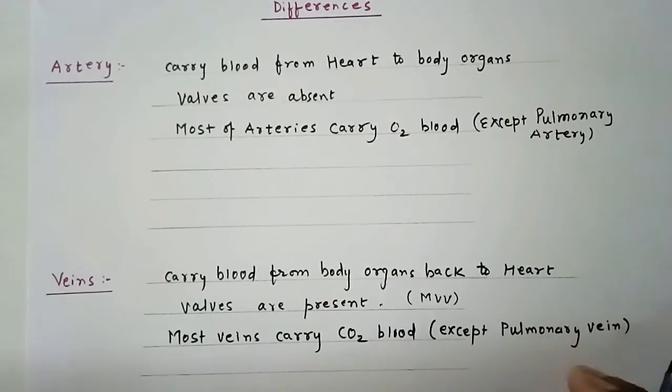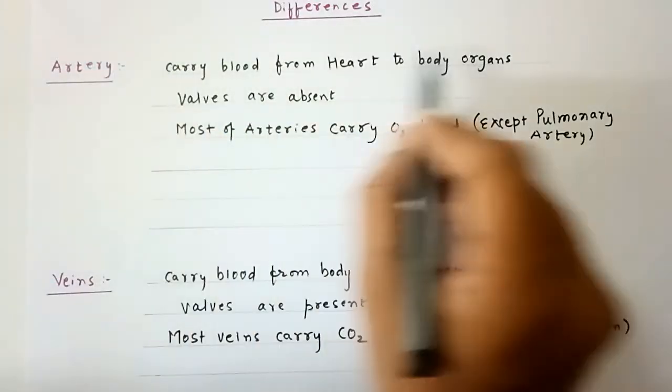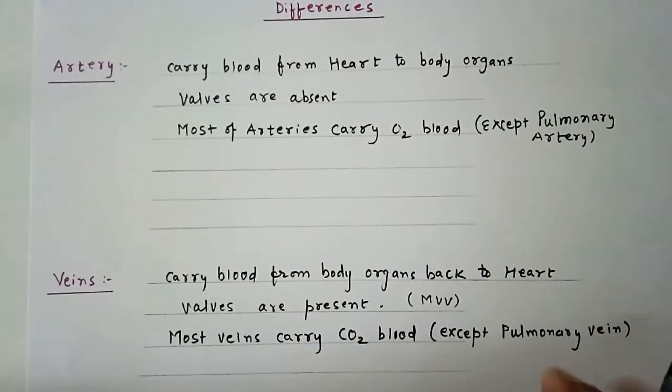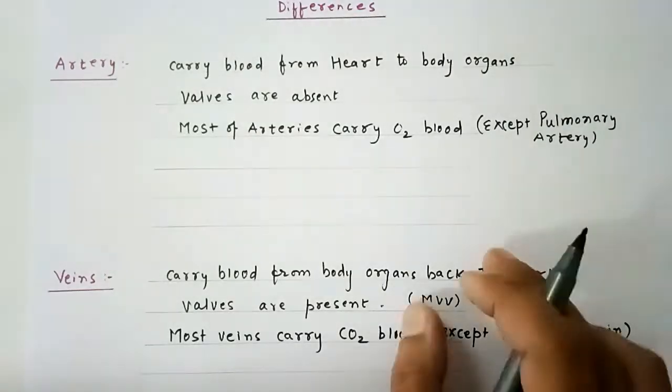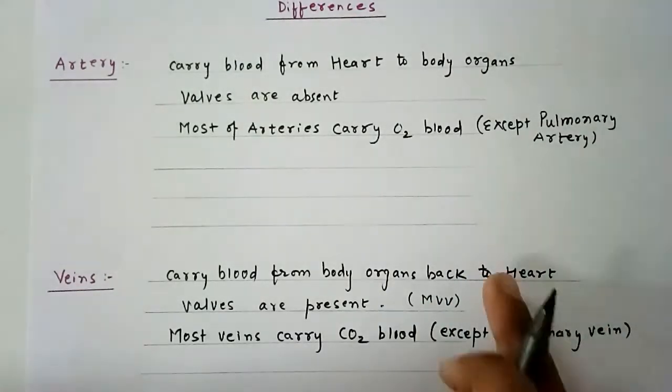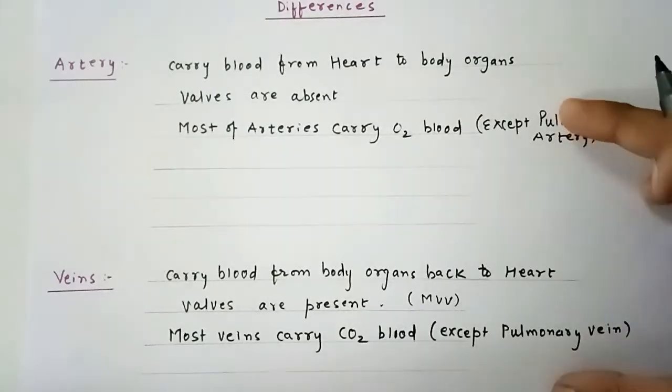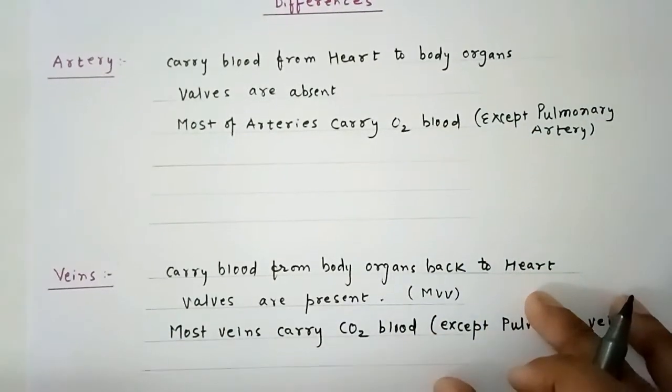We are just giving the name. I mean, it carries oxygenated blood, but as per the first definition, it is a vein because it brings back the blood from the organs to the heart. So from lungs to the heart. So these two are actually discussed in the human heart video. Maybe you can see over there.